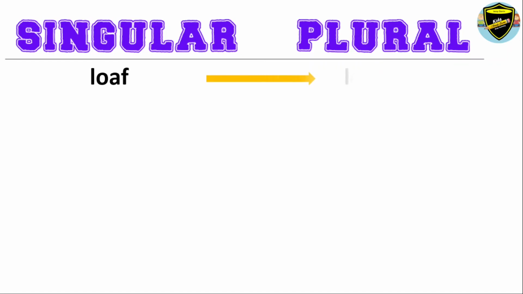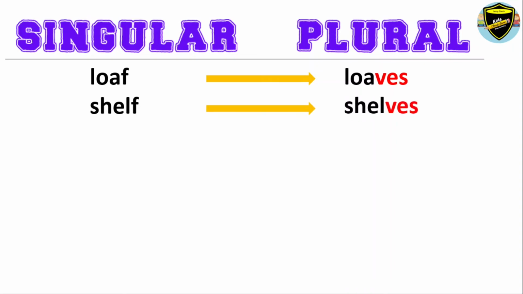Loaf. We will remove f from there or we can say we will replace f from there and instead of that f we will write ves. Therefore, loaf will become loaves. Shelf will become shelves. Life will become lives.